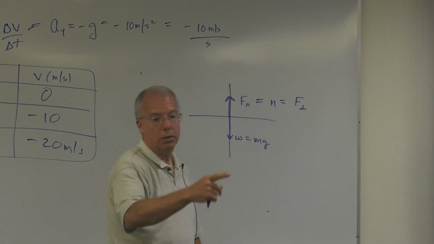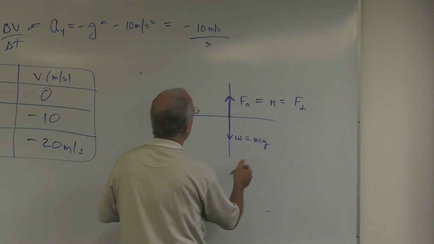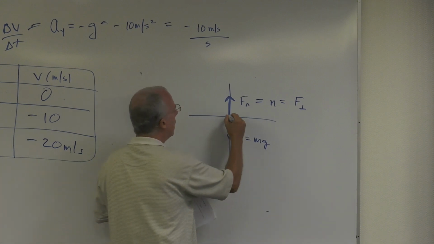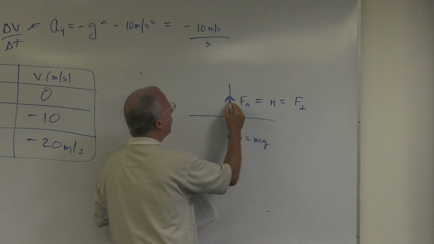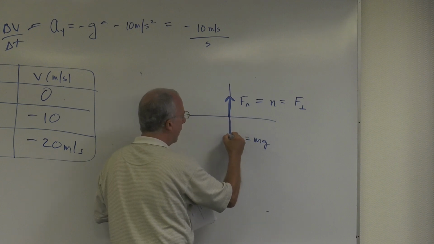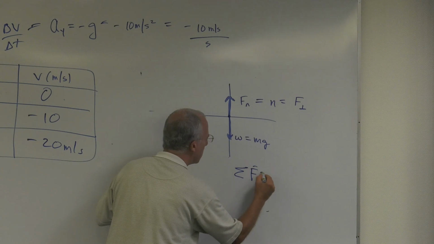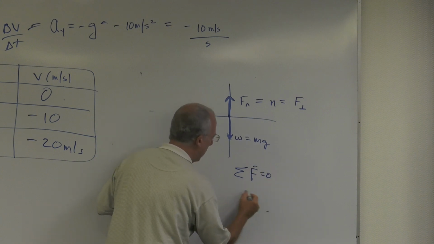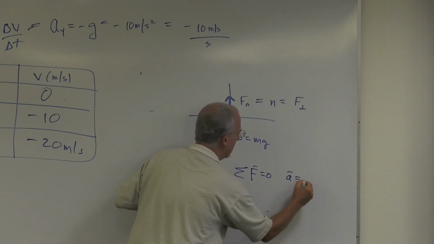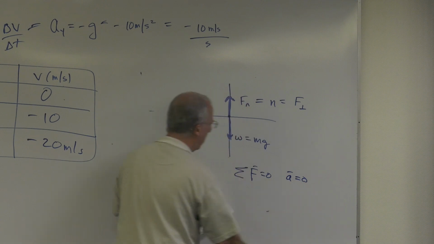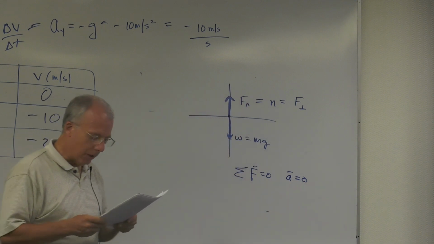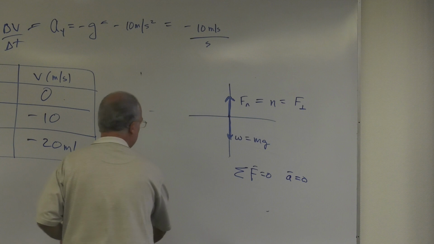Whatever you want to call it, the magnitude of this force is equal to the magnitude of that force. So the net force equals 0, and therefore the acceleration equals 0. So that's the normal force.